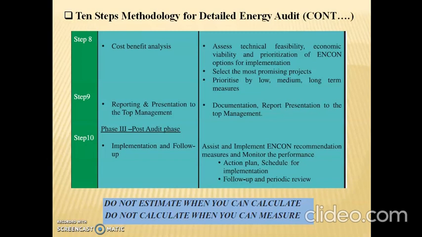And lastly, the 10th step, which comes under phase 3, the post-audit phase: implementation and follow-up.